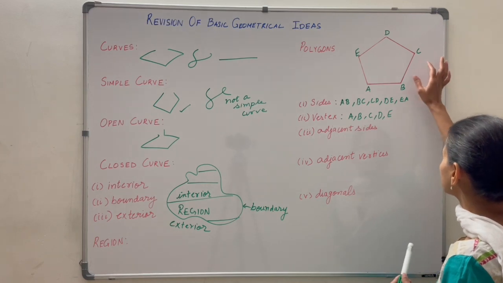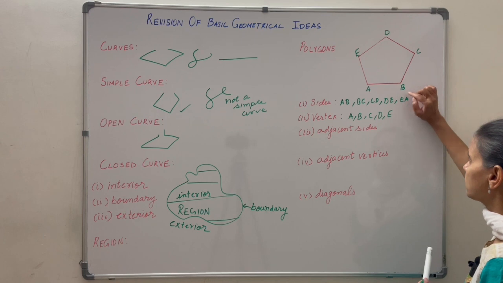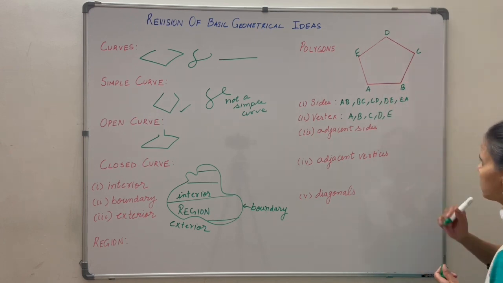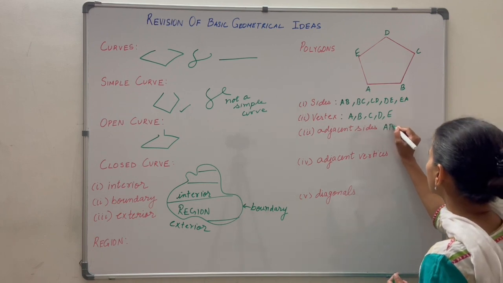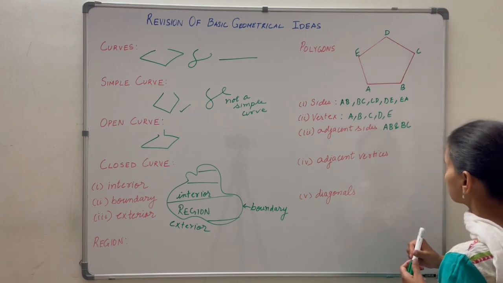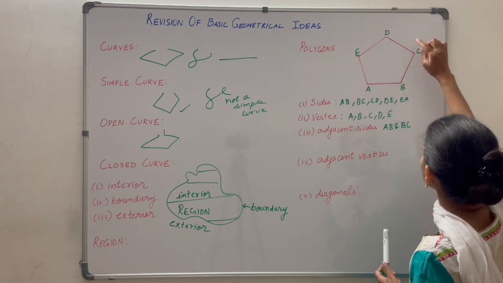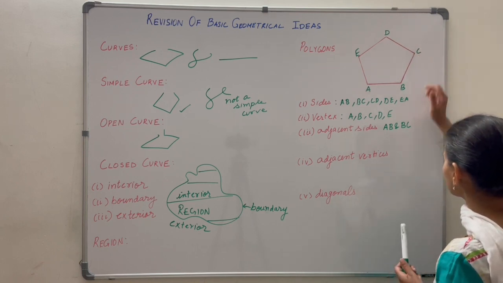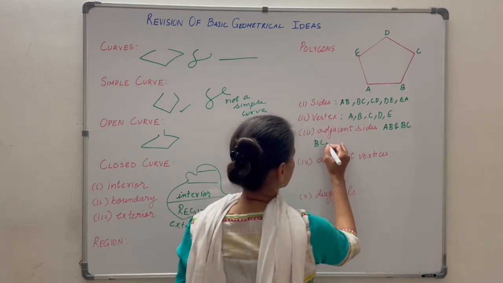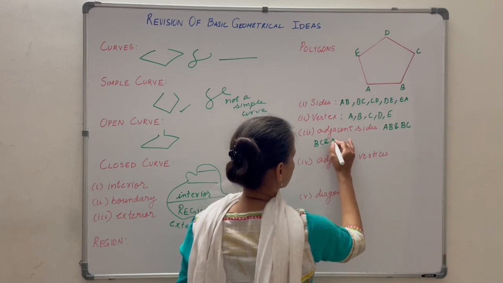Adjacent sides are the line segments that have a common endpoint. So AB and BC have a common endpoint B. So AB and BC are the adjacent sides. If we take BC and CD, they have a common endpoint C. So BC and CD are the adjacent sides.